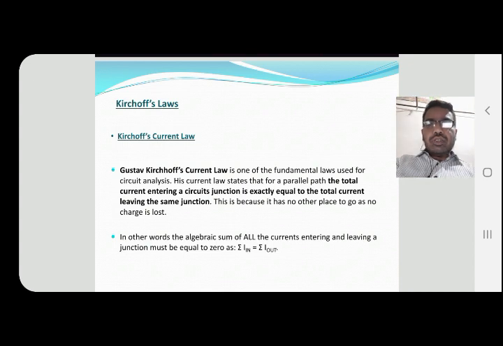In other words, the algebraic sum of all the currents entering and leaving a junction must be equal to 0. That is, summation of I in is equal to summation of I out.